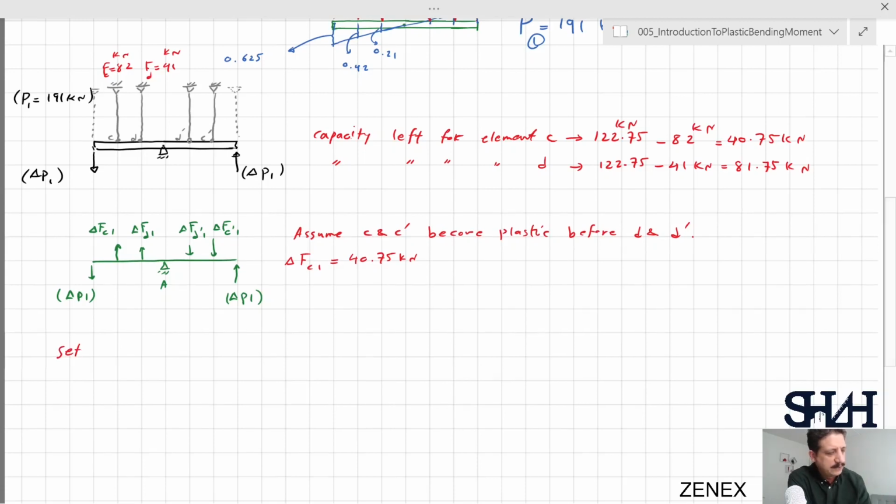So from set 1, we know that delta C is 2 times delta D. As a result, Fc times L divided by AE will be 2 times Fd L over AE.